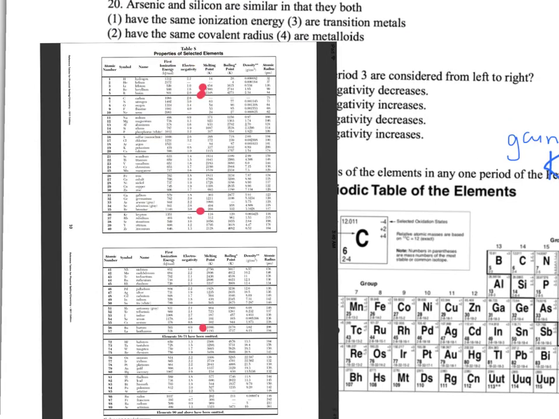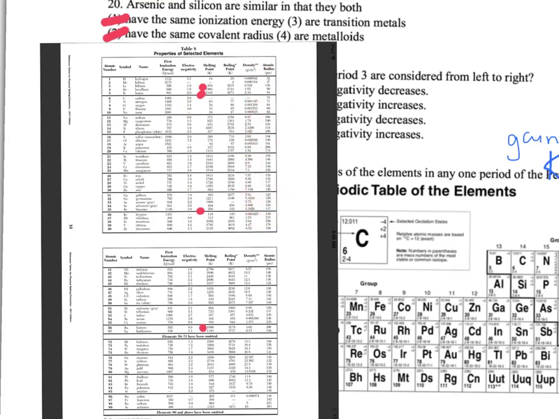The next question asks us to evaluate the similarity between arsenic and silicon. Now, first they ask us to look up the ionization energy, and we see that their ionization energies are different, as are their atomic radius. Their atomic radius is found here.